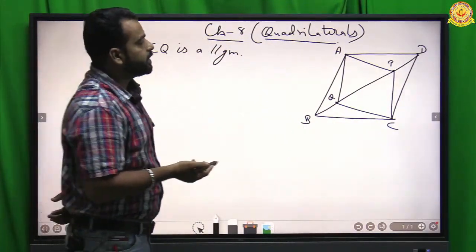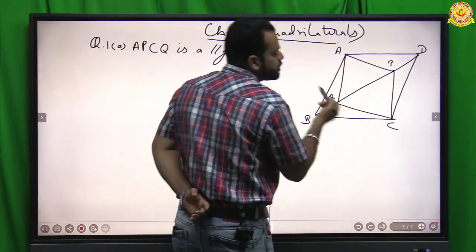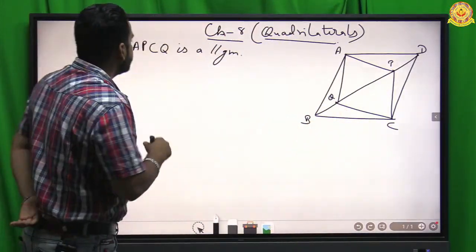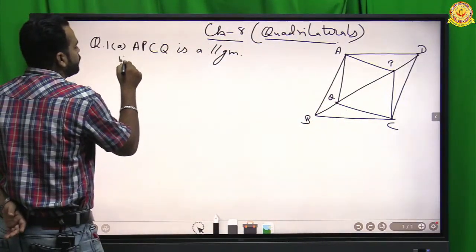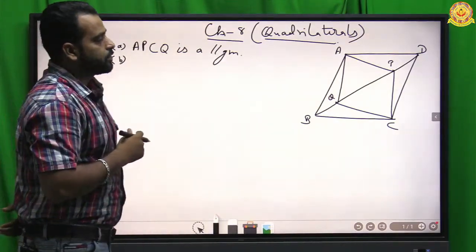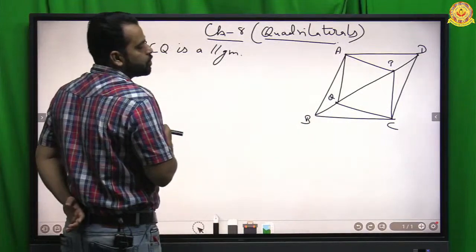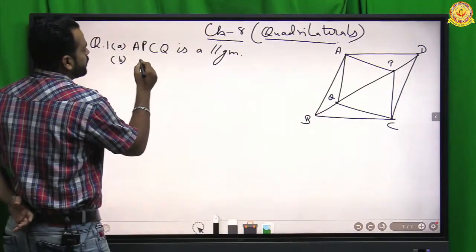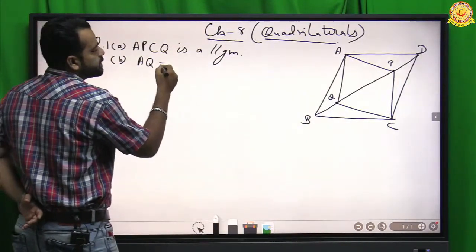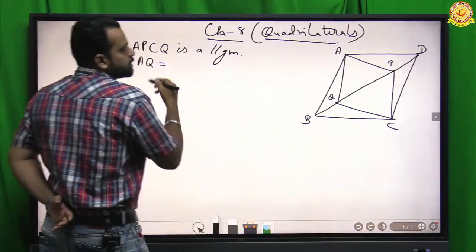So how do we prove that the inner quadrilateral APCQ is a parallelogram? For that, first of all you have to prove these things also. What? Prove that AQ is equal to CP.